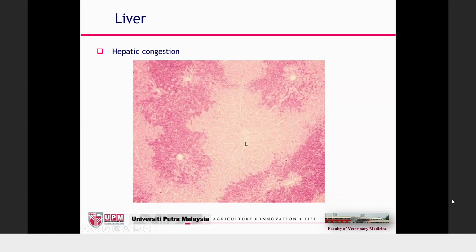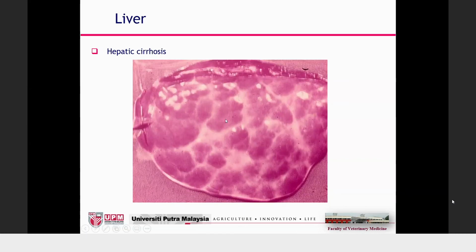That can lead to hepatic necrosis, and those islands of normal hepatocytes will regenerate, but they are surrounded by fibrous tissue. As I mentioned earlier, because the liver is able to regenerate, those cells will regenerate, but if the rate of regeneration is slower than the rate of necrosis, you will see an island of normal cells regenerating, but at the same time a lot of fibrous tissue surrounding it.